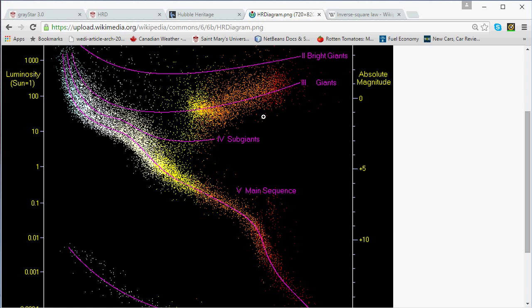So standing back and looking at the whole thing here, the HR diagram is telling us something very significant. It's telling us that nature can only make stars with certain combinations of effective temperature and luminosity, namely those combinations that are populated in this diagram.